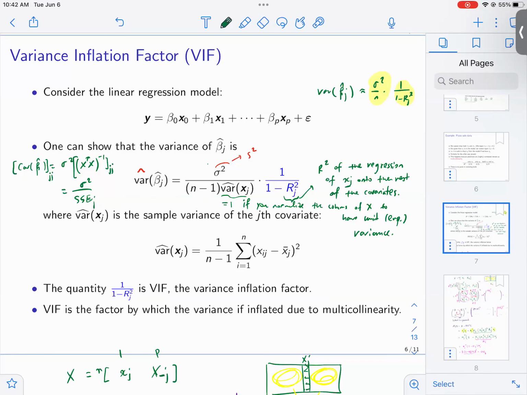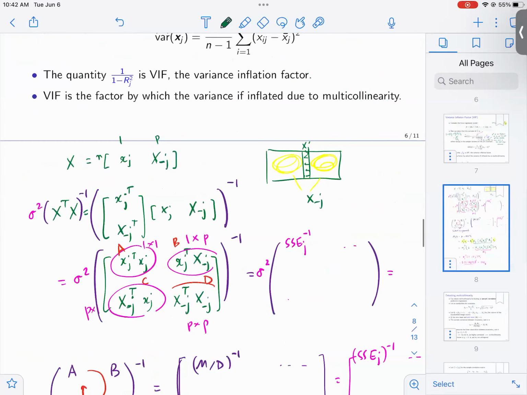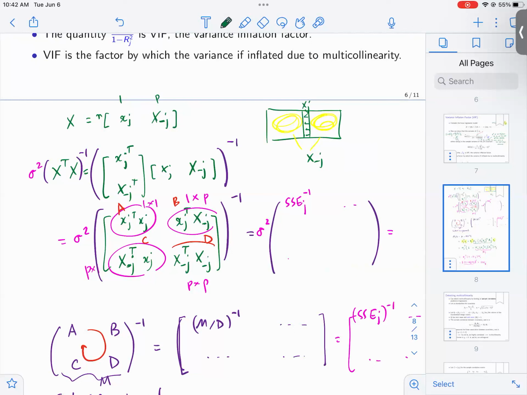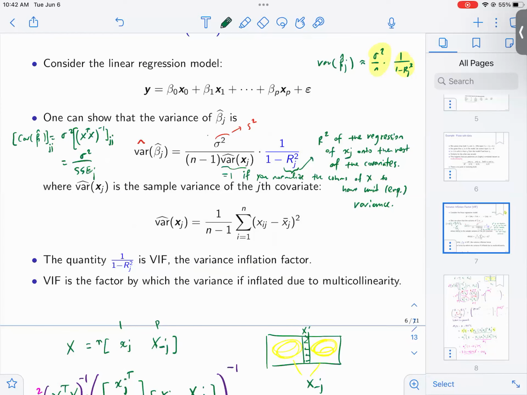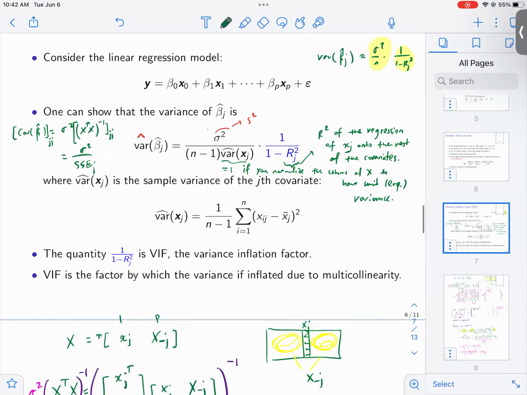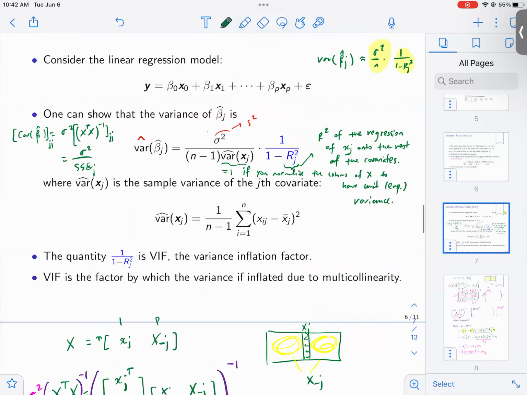That's the real formula. Okay, it's a very nice formula. Sigma squared divided by SSEJ, where SSEJ inverse is just 1 over SSEJ because this element is 1 by 1. So what I would get is sigma squared divided by SSEJ, and then you can also verify that this really is SST in that regression.